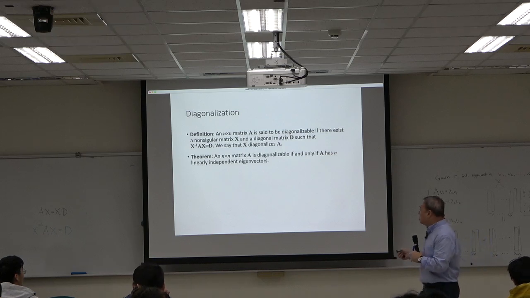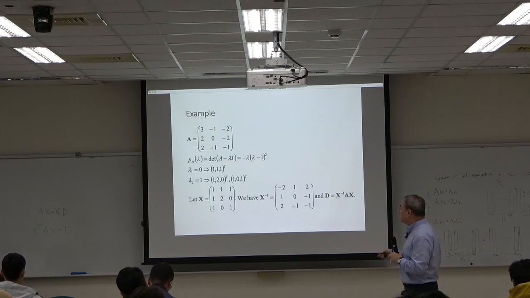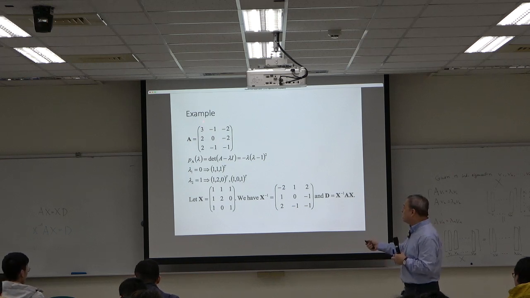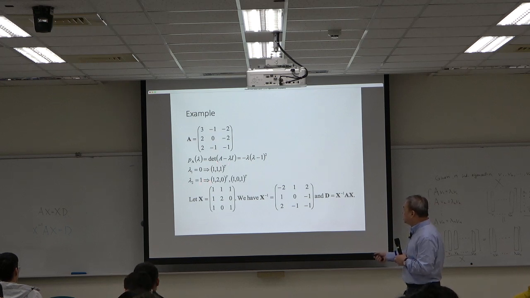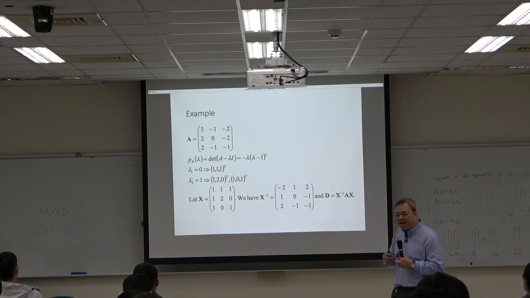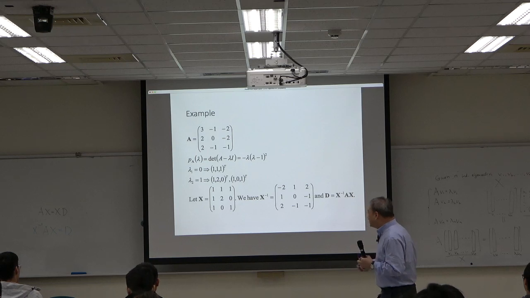Well, for this example, I think you guys can try to do it yourself. Basically you compute the characteristic polynomial, and you get the different eigenvectors. You also have to check if these three eigenvectors are independent, but most likely they are.